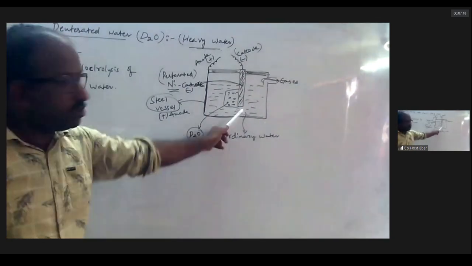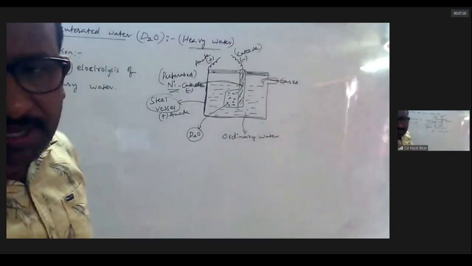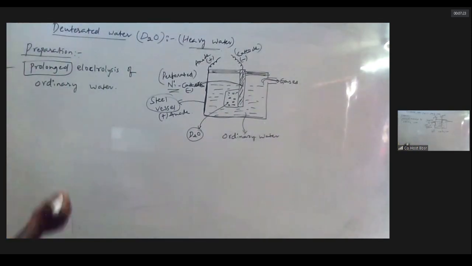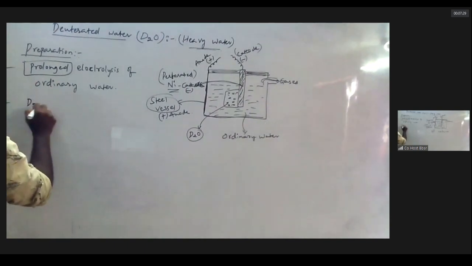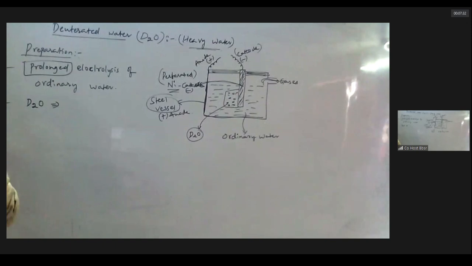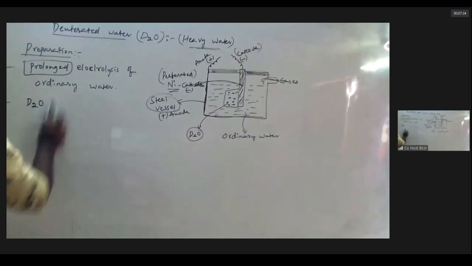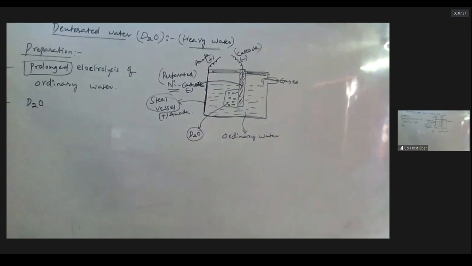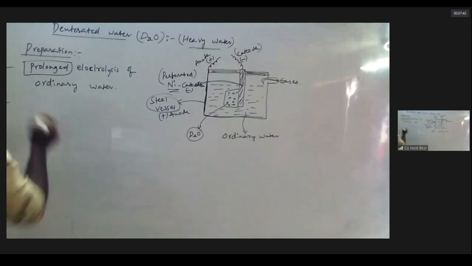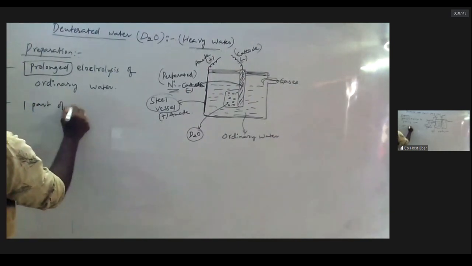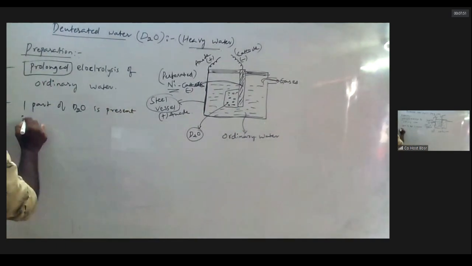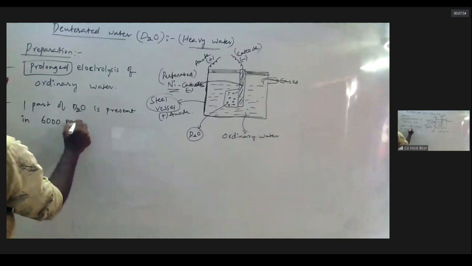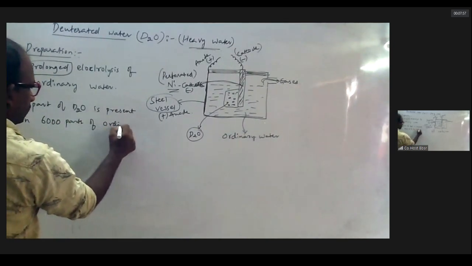So now we are taking what? Ordinary water. So in this ordinary water, D2O is present. How much D2O here? 1 part of D2O is present in 6,000 parts of ordinary water.